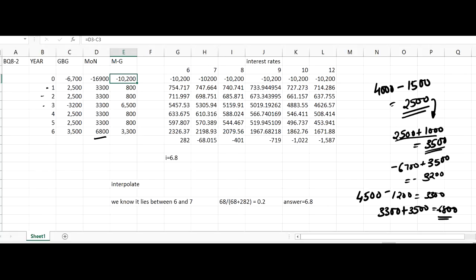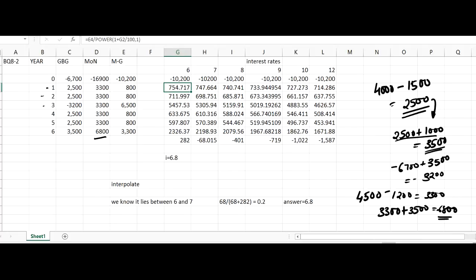Now for the 6 percent interest, this value can be calculated as 800, that is E4, divided by 1 plus 0.06 raised to power 1. I'll repeat it again, or I'll write it here.